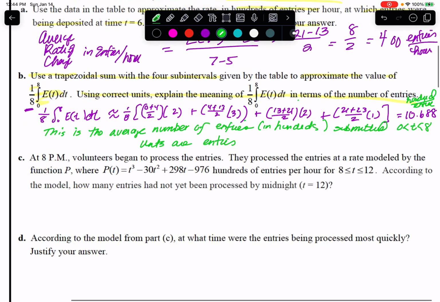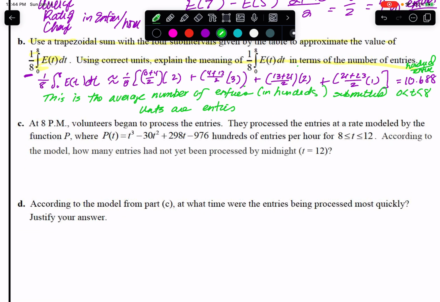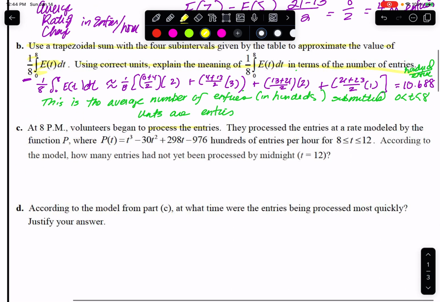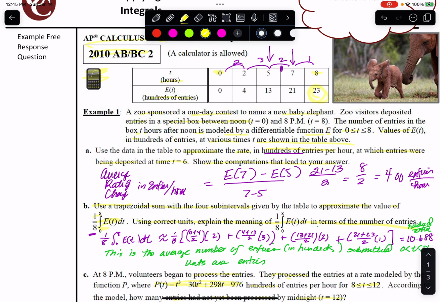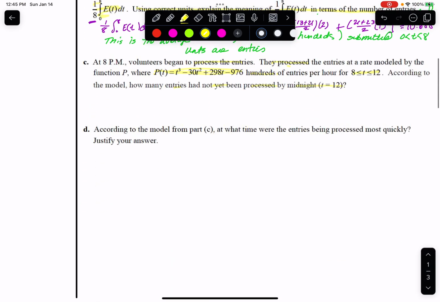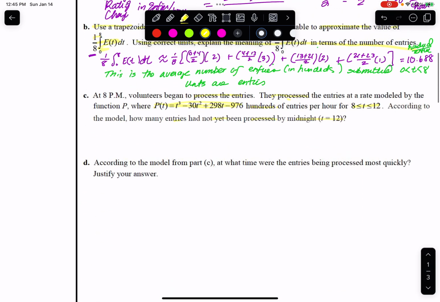All right, let's look at C. At 8 p.m., volunteers begin to process the entries. The table goes to 8, so at 8 they start to process them, and they give you a function for the processing. It's still in hundreds of entries, and they do it until midnight. According to the model, how many entries have not yet been processed by 12? Looking at the very last row of the table, at 8, 2,300 were entered.